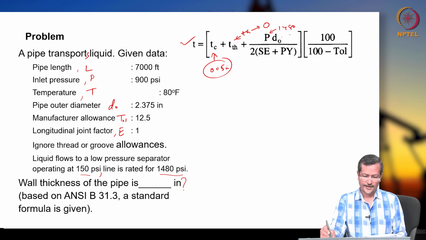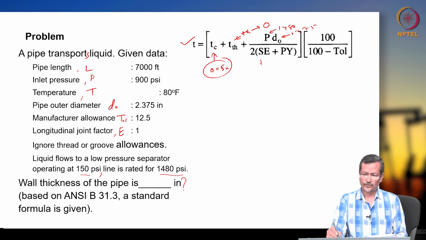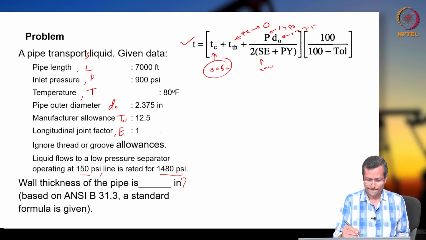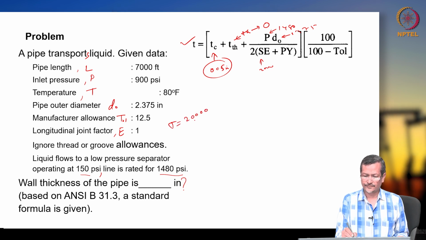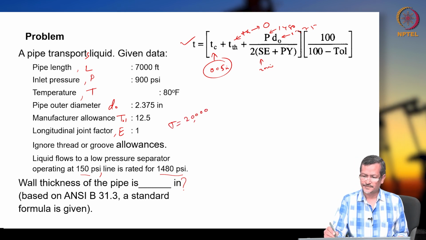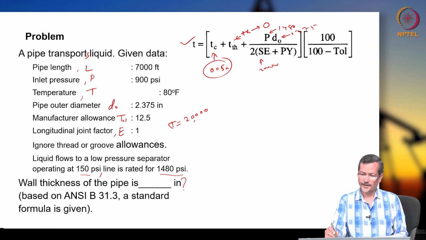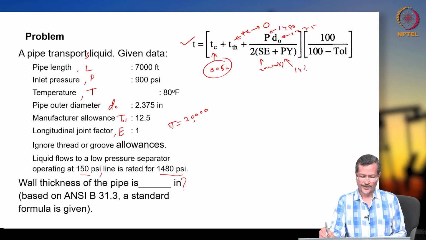The P value is given, pressure is 1480, and D outer 2.375 divided by 2, S value 20,000. I think it is given here. Okay, I think it is not given. So sigma should be 20,000. You can get it from the table also, but for simplicity I will give this value. And the E value I have given as 1. P again is given as 1480.